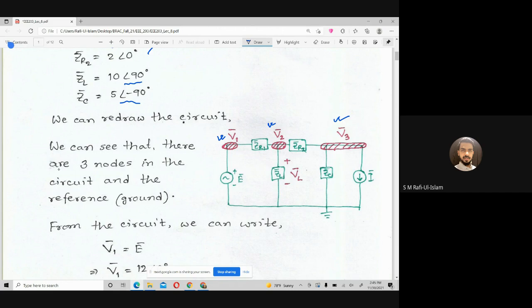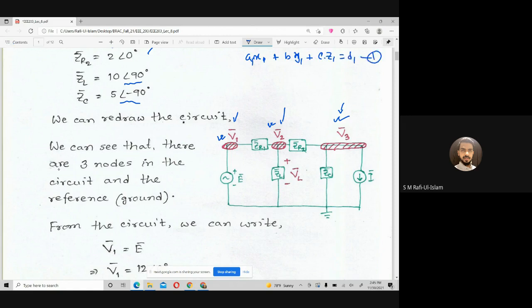Let's say this is the first node, second node, and third node. So the first node is denoted by 1, the second node by 2, and the third node by 3. Since there are only 3 variables, we need to write down at least 3 simultaneous equations. Let's say I have x, y, z. So I need a1 x plus b1 y plus c1 z equal to d1.